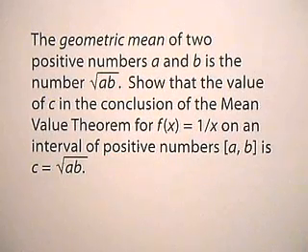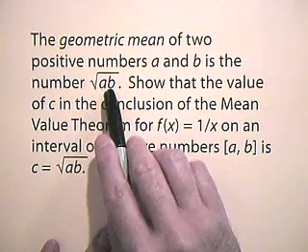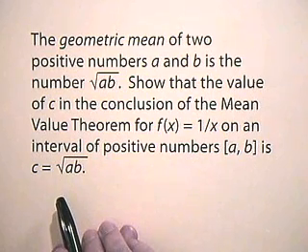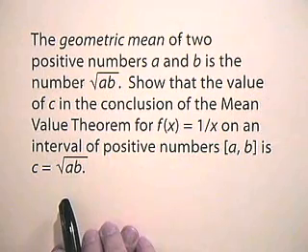Let's look at a problem involving what's called the geometric mean of two numbers. The geometric mean of two positive numbers, a and b, is the number square root of their product, ab. In other words, when I take the square root of the product of two numbers, we call that the geometric mean.